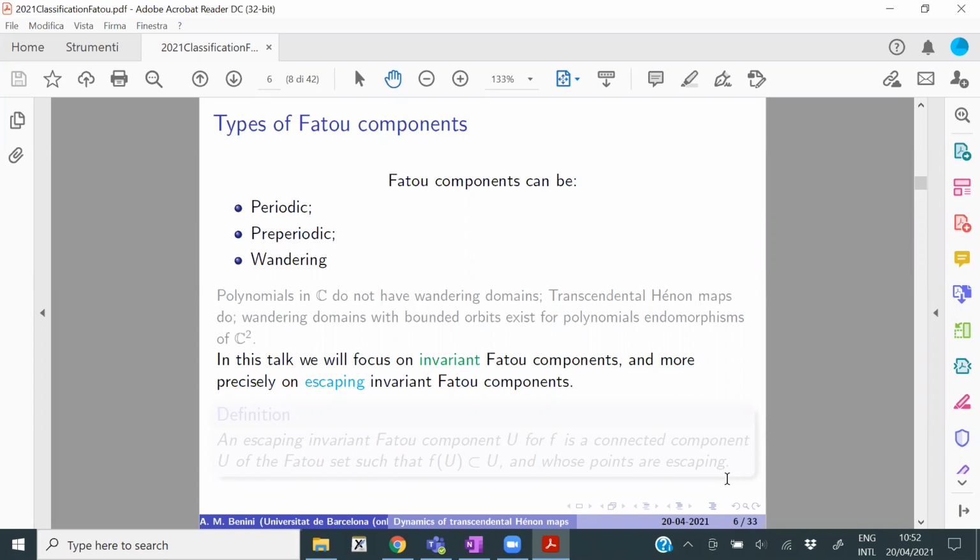What is very interesting about their example is that these wandering domains have bounded orbits, which in C is a big open question. Can you have entire transcendental maps in C with wandering domains whose orbits stay in a compact set? Nobody knows, okay? I think this is very interesting, but as far as I understand their techniques in C^2, there is no way to push it down to get something in C.